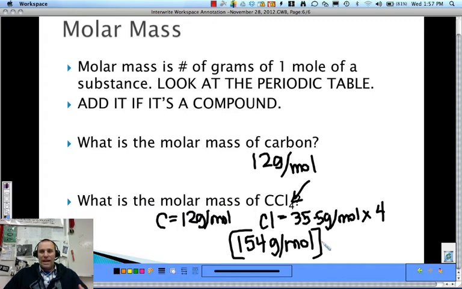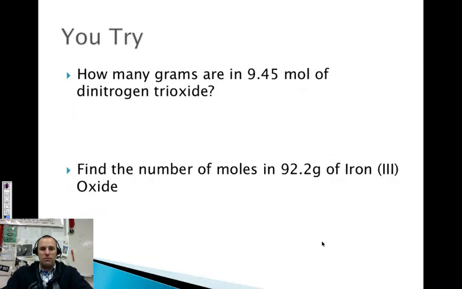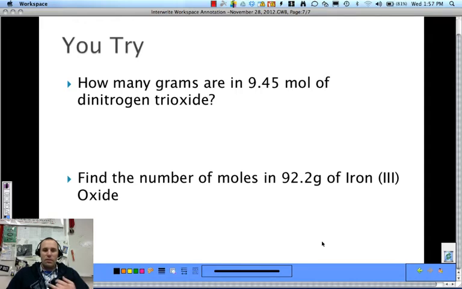Now we can take that and use that in our dimensional analysis conversions. So let's do a sample problem for that. How many grams are there in 9.45 moles of dinitrogen trioxide? So here's where it starts to get a little tricky, because now not only do you have to remember how to do dimensional analysis, but you got to remember how to write formulas from names.